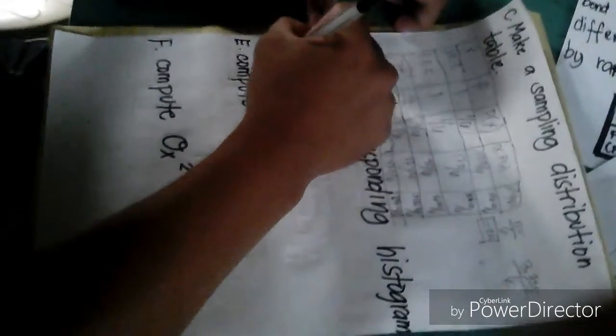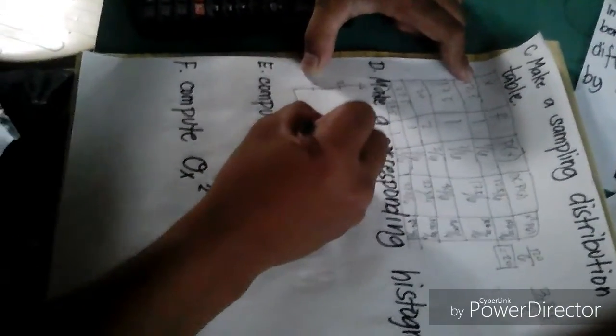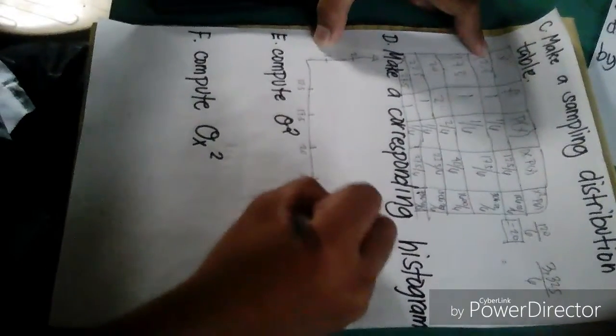Then fourth, make a corresponding histogram. Then draw. Then 2 and 1, 2, 1. Then the 12.5, then the 17.5, then the 20, then the 22.5, then 27.5.